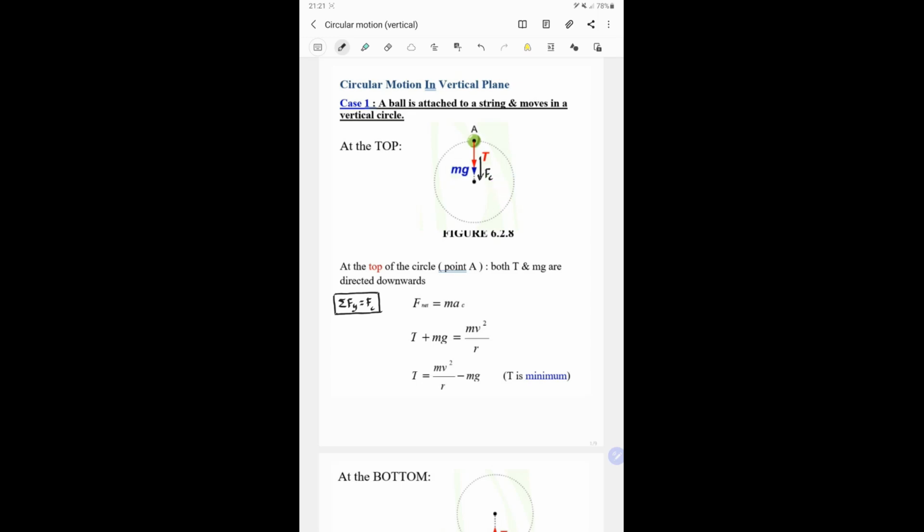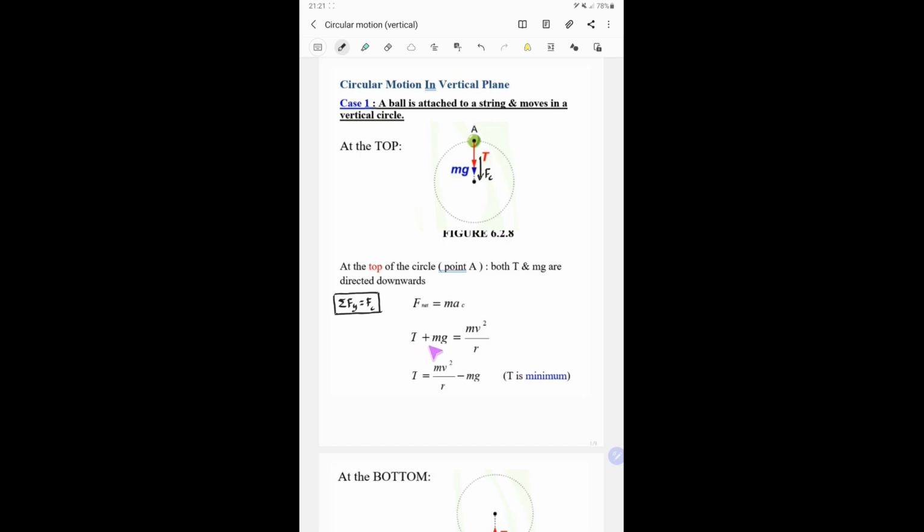Okay, so in this case, F net equals mac. So mac is our net force, which is Fc. So F net now equals T plus mg. Both forces are positive. Why? They are still in the same direction as Fc.